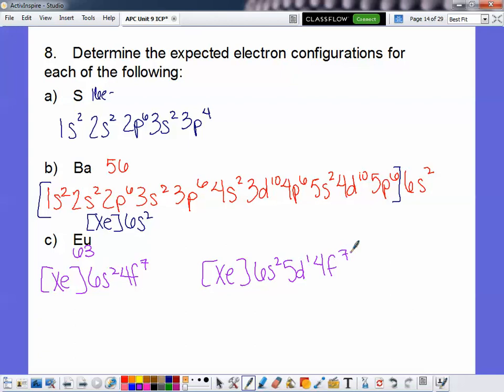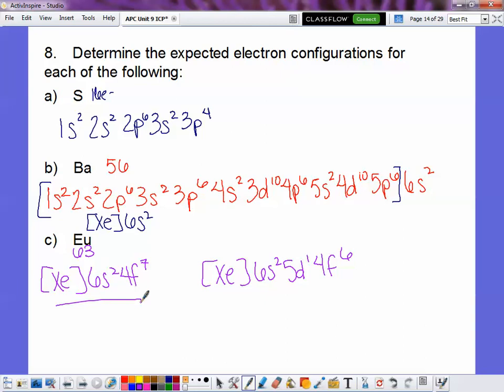There's a lot of weirdness that happens with the f block elements because lanthanum and actinium are technically in the d block, but it's because the energies of those orbitals are all very, very close together. Okay? I would accept either one of those. Oh, not 4f7. Sorry about that. 4f6. I will accept either of those answers. It is really this.